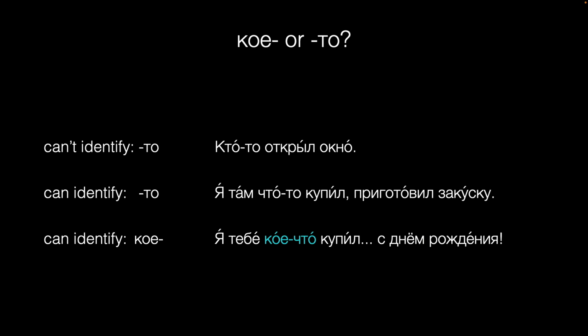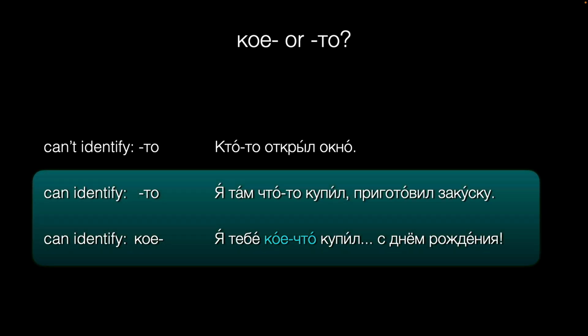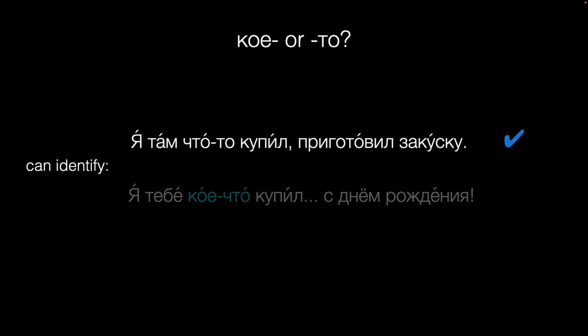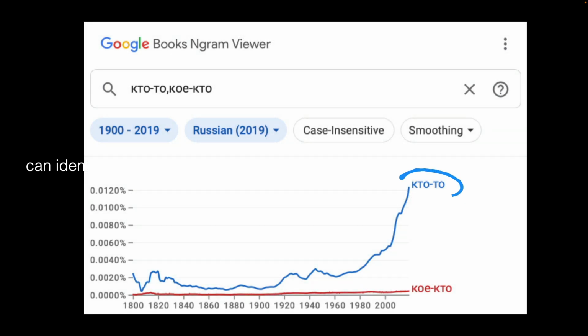С днем рождения. So there can be some overlap between то and кое when you can identify something. So what is the difference then between, say, кто-то and кое-кто? Well, expressions with то might be considered the default form. And this chart from Google's Ngram viewer suggests that forms with то are much more common than expressions with кое.